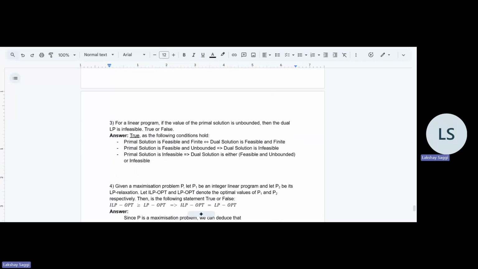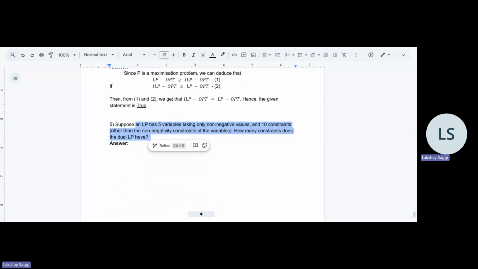Of course, we are ignoring the non-negativity constraints. Because the non-negativity constraints are also actually constraints.